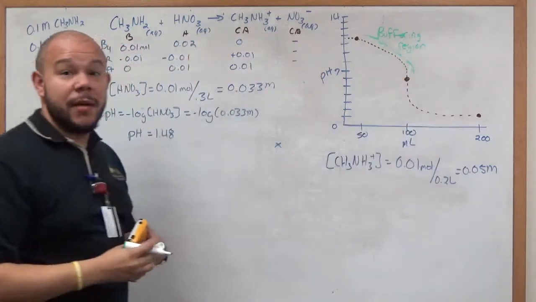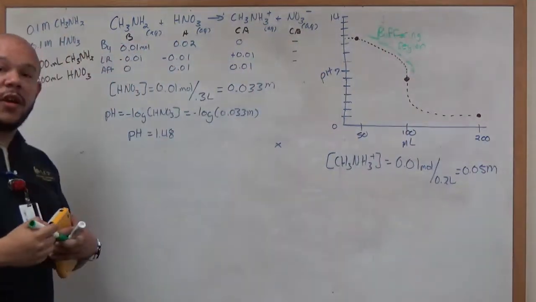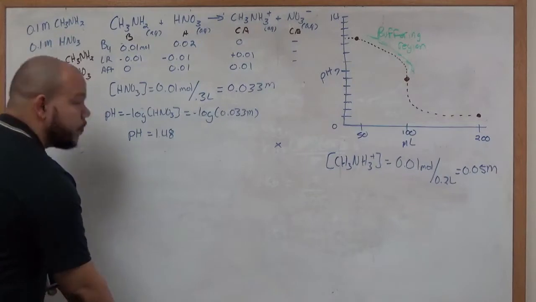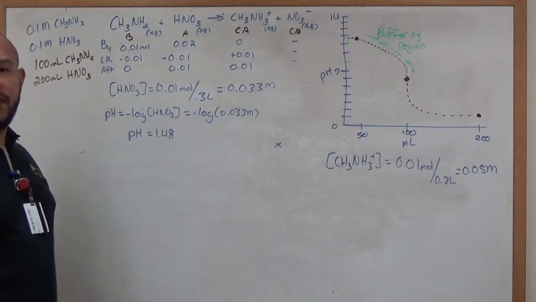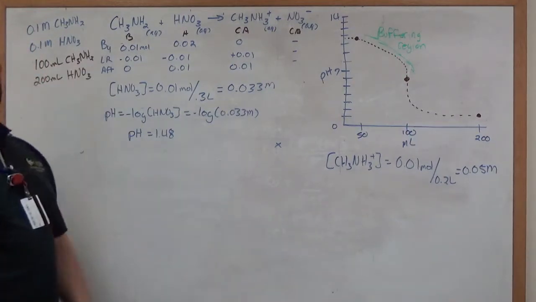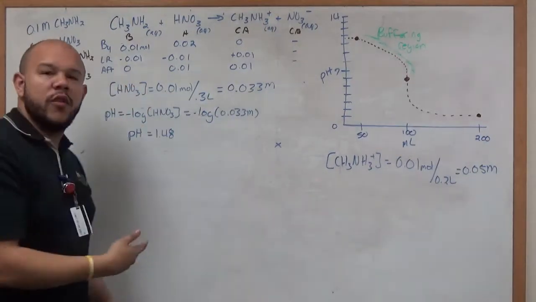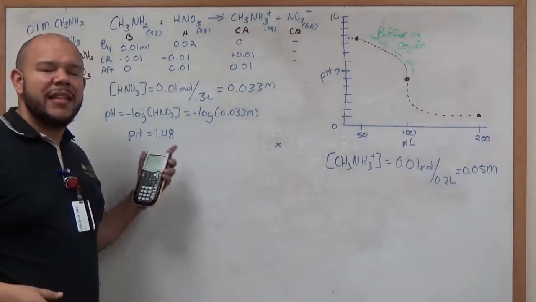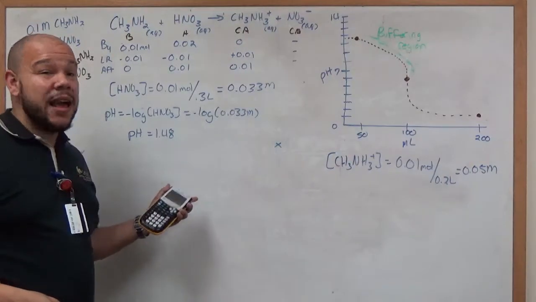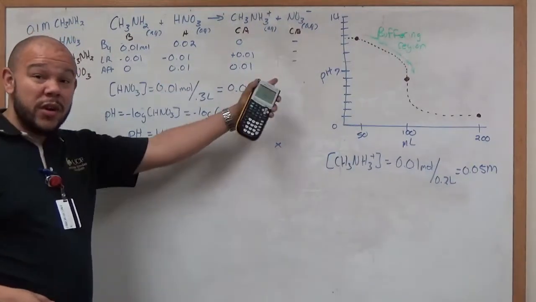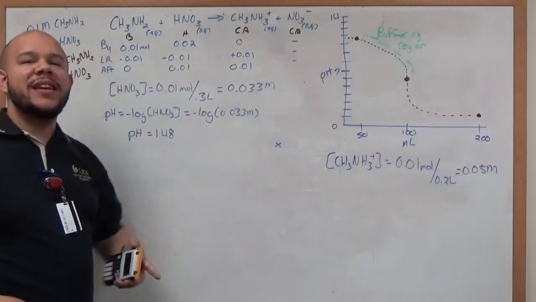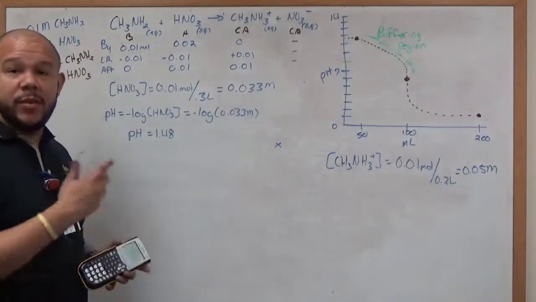And this is an example again of a weak base titrated with a strong acid using the buffering region. Once you understand the basics of all these calculations, you can then use a titration curve to solve for any different aspect that you need. You can find the Ka knowing the concentrations and knowing the pH, or you can find the pH knowing the Ka, which is what we have been doing.